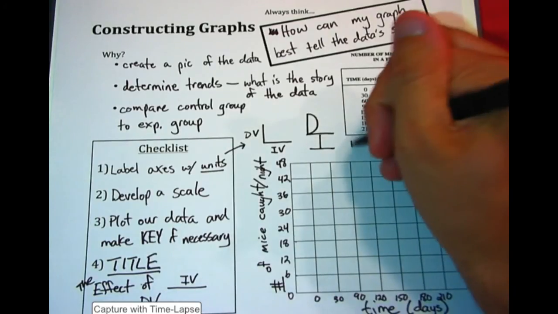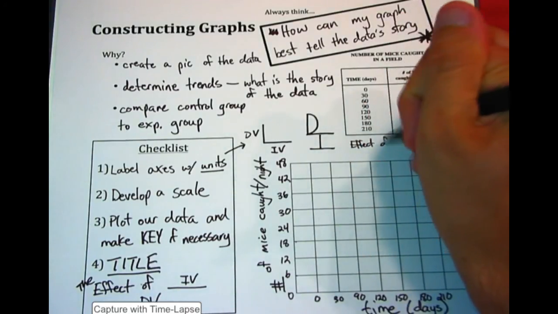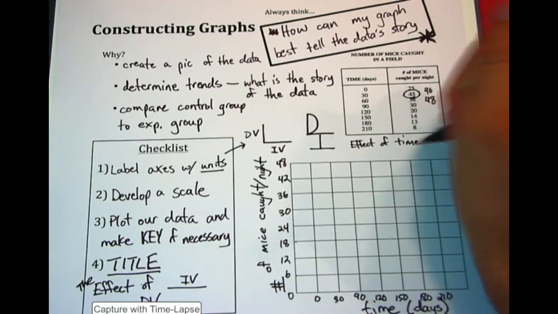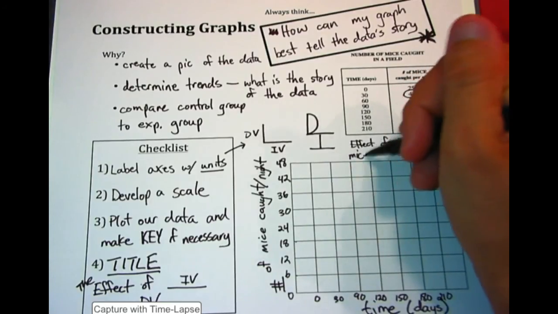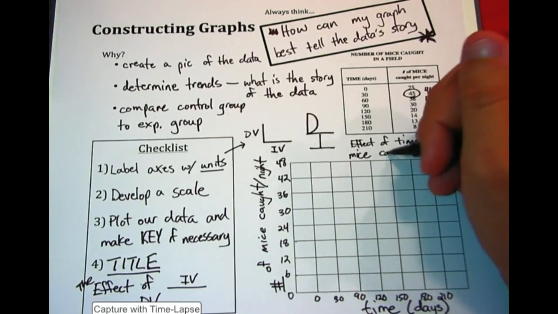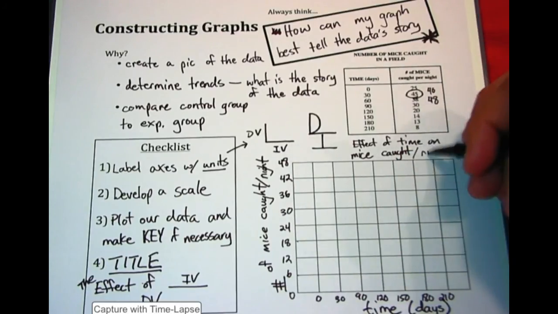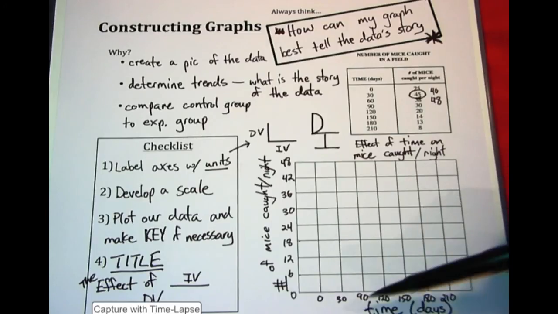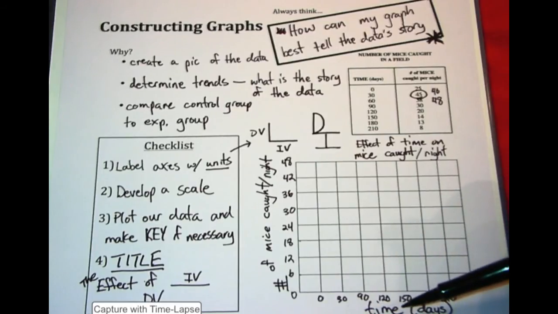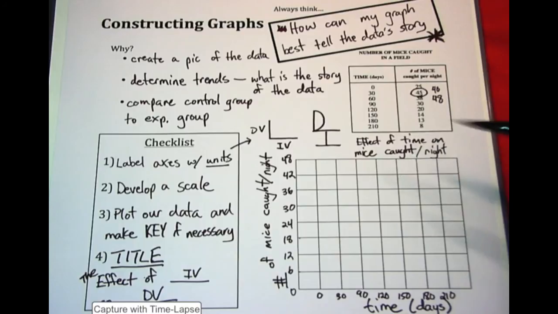So here would be the effect of time on mice caught per night. And just as a side rule, if we're working with time as our independent variable, we could also have our title say something along the lines of mice caught per night over time. That works as well when we're using time as our independent variable.